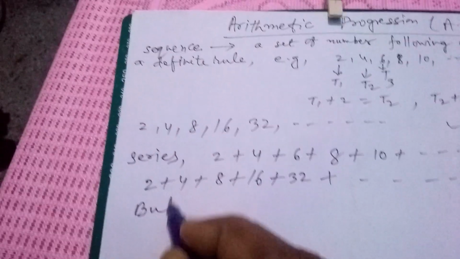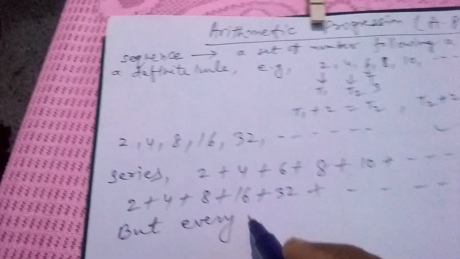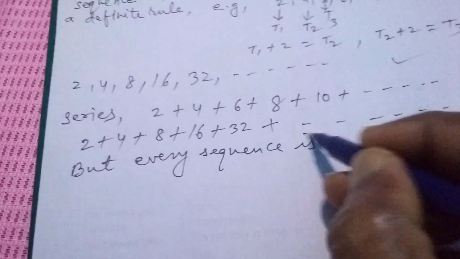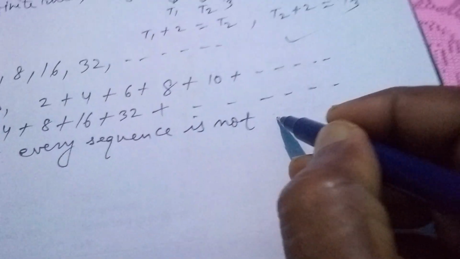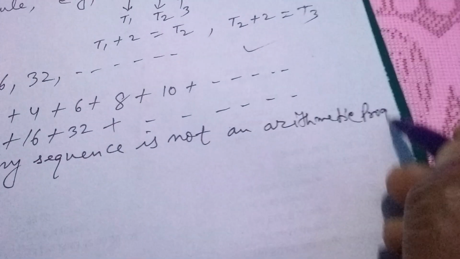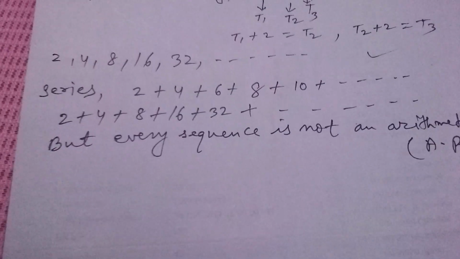But every sequence is not an arithmetic progression. That means they are not in AP. Why?